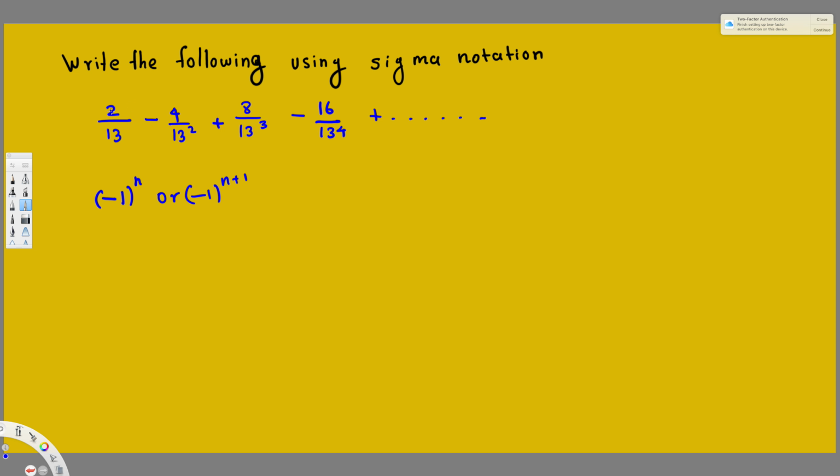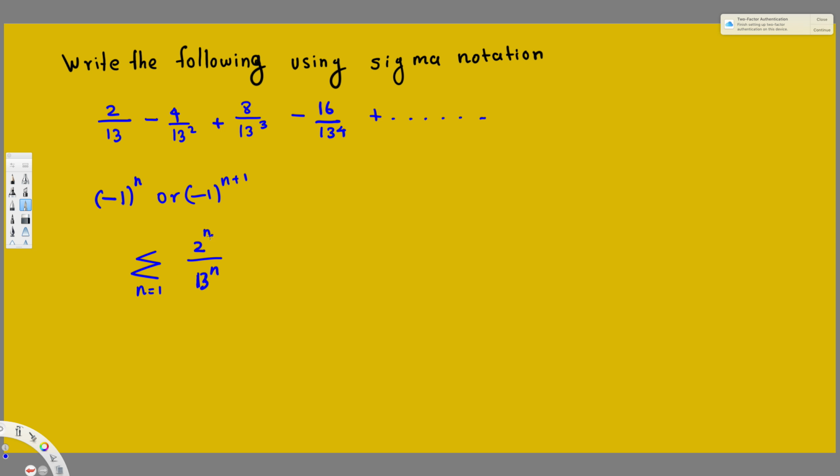And also I noticed that we have 2 power increasing, like this is 2 power 1, 2 power 2, 2 power 3. So let's put the sigma notation and see what we can write. On top we are going to have 2 power n, and in the bottom we have 13 power n, and here it's starting from n equal to 1.